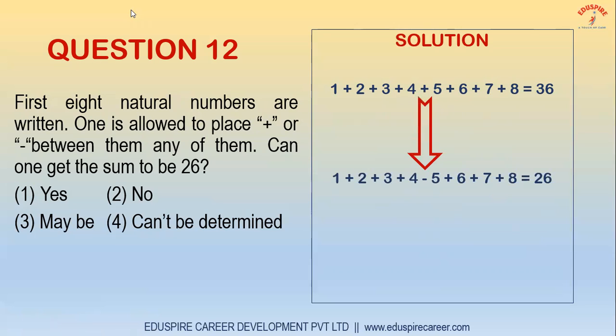If I do that, what I get is 26. You see, if plus 5 is changed to minus 5, then it will reduce by 10. In fact, I could have done that by writing minus 1 and minus 4 also. So I have just checked whether it is possible or not. So my conclusion is yes, of course it is possible.